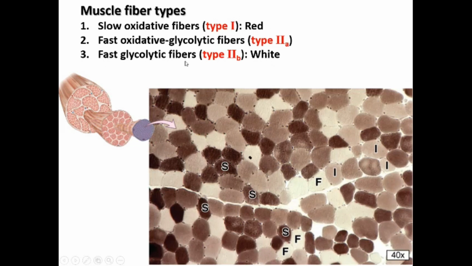And the fast glycolytic fibers are called white, again because of the fresh color of this muscle, or type 2B. The third type of muscle is the intermediate fibers. They are fast oxidative glycolytic fibers. Some books, instead of saying fast, call them intermediate oxidative glycolytic fibers, or type 2A.